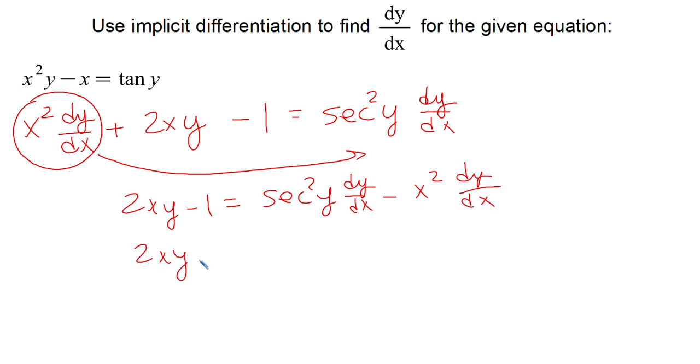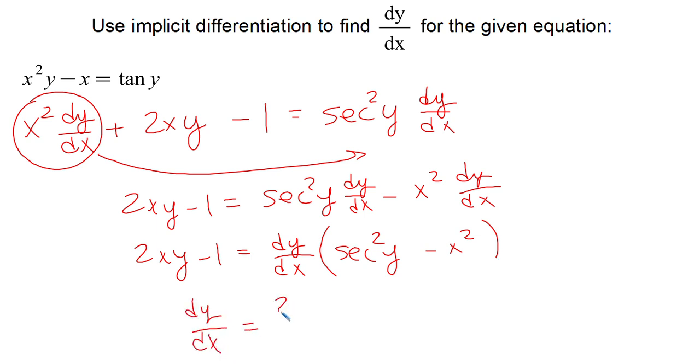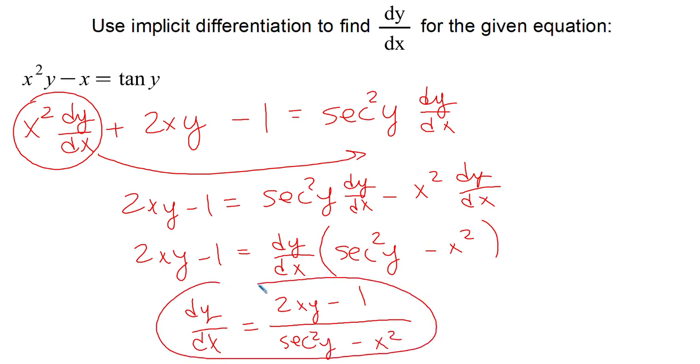That'll allow us to factor out the dy/dx, giving us dy/dx times secant squared y minus x squared. And a final answer of dy/dx is equal to 2xy minus 1 divided by secant squared y minus x squared. And that should be our final answer.